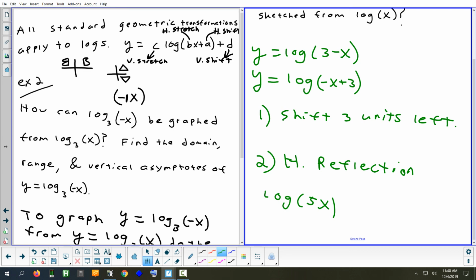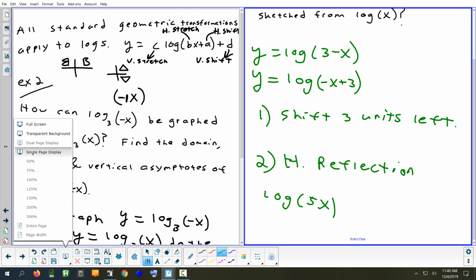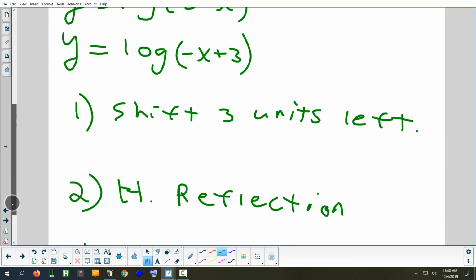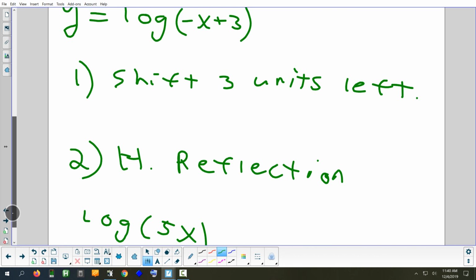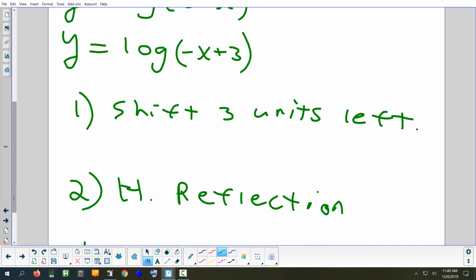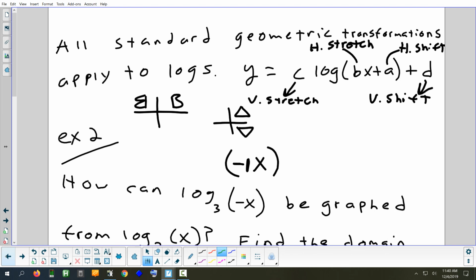Okay, any questions on how we got those two transformations? Yeah. So how do you know which one comes first, the shift or the reflection? Does it matter which one you do? Yes, always go in order of the A, the B, the C, and the D. So follow alphabetical order.